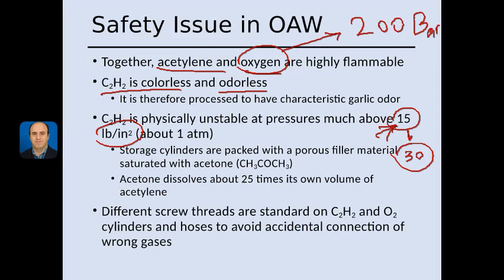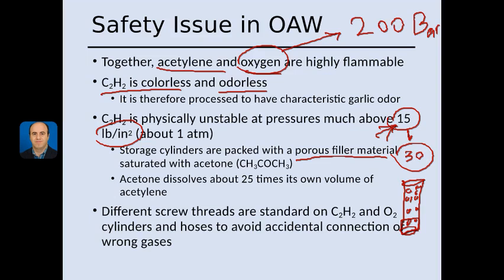And the storage cylinder for the acetylene is unique. They have a porous filler material. If you look at the cross section of the acetylene cylinder, it's not empty. It has a porous structure, so we can control the pressure inside the tank. And also there is a liquid inside the tank. It's acetone.